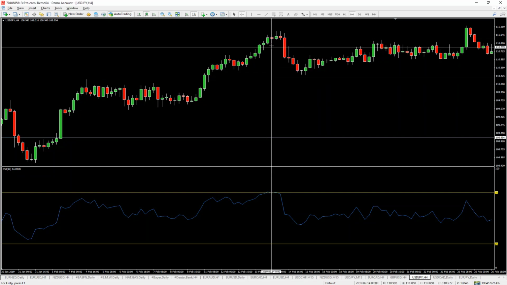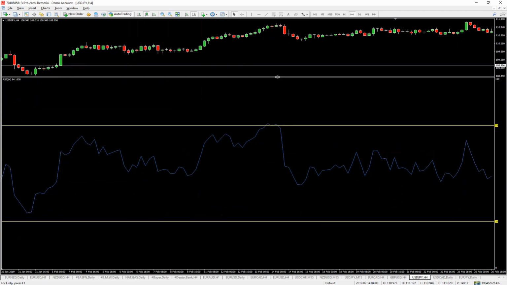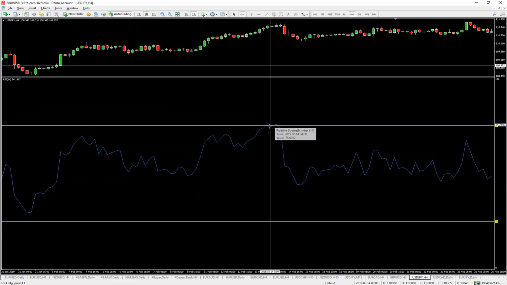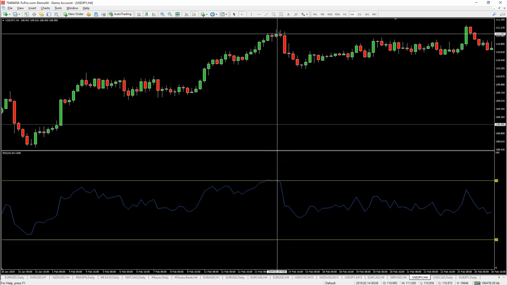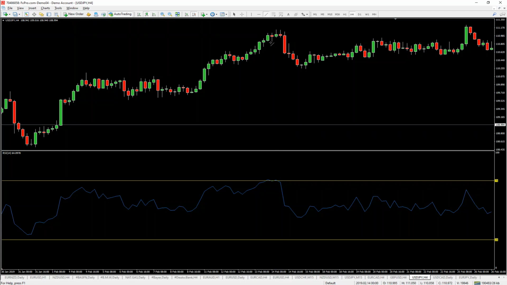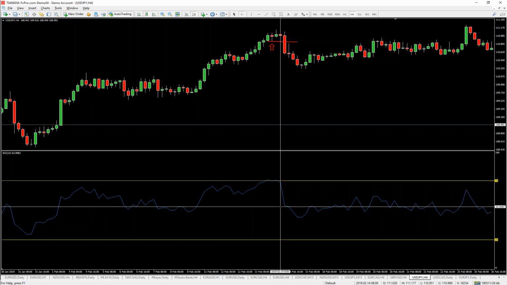Then we see the price moving lower right here, creating this low, okay, with the angle. Then price pushing higher a bit, but we know that if we break below the low of this specific candle here on RSI, of course, later on we can expect the price to push lower.